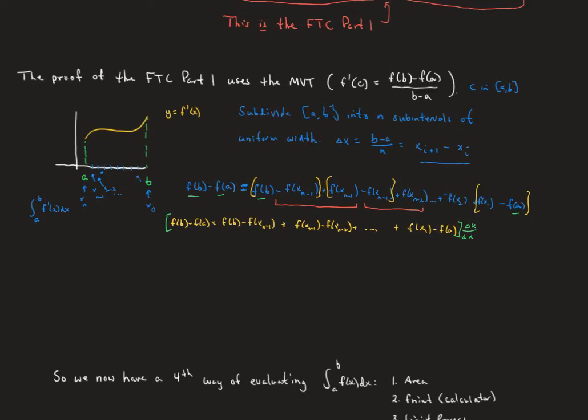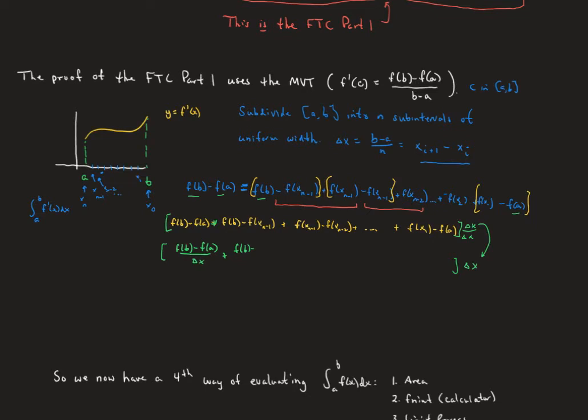So I'm going to leave the delta x on the top outside that bracket, but I'm going to distribute these delta x's on the bottom in a particular way. So it's f of b minus f of a over that delta x plus, that was supposed to be an equals.